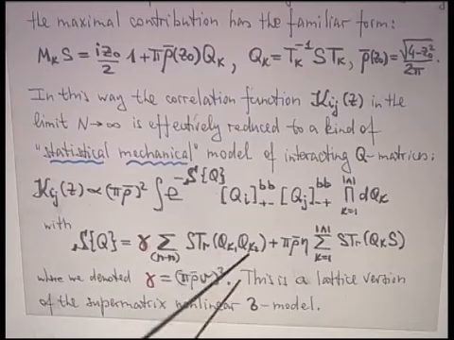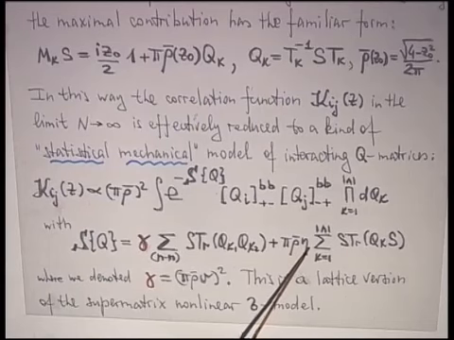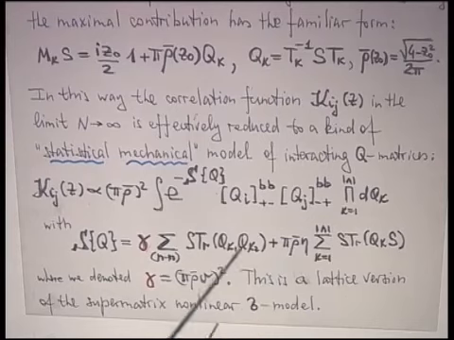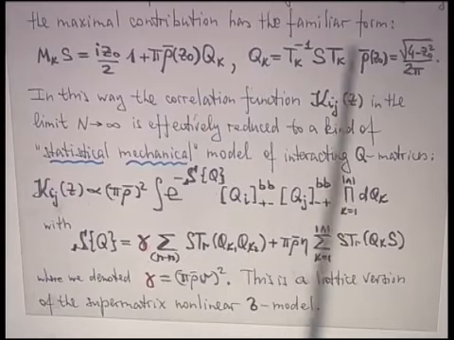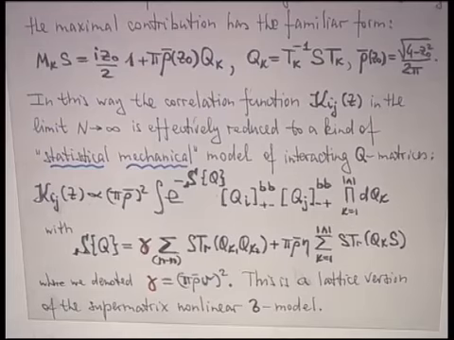And in this way we arrive at pi times the mean density of states times the relevant parameter eta, and we will see that we need to investigate the eta going to 0 limit appropriately. This is the lattice version of the supermatrix nonlinear sigma model, our main object of interest.